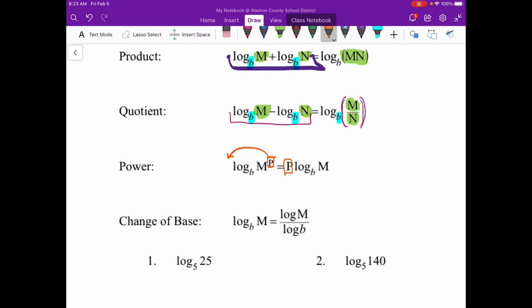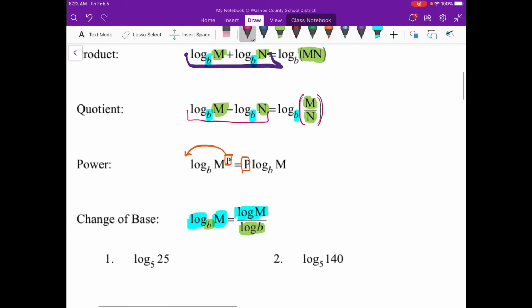And then we have what's called log change of base. We're going to use that when we can't really change the log to look like anything we want to make the problem a little bit easier. So in this case, you take the log of m, put that in the numerator, and then you're going to take log again, but this time of the base b.